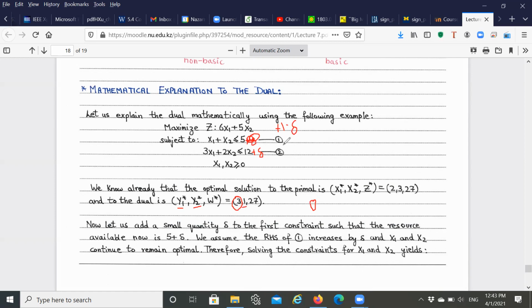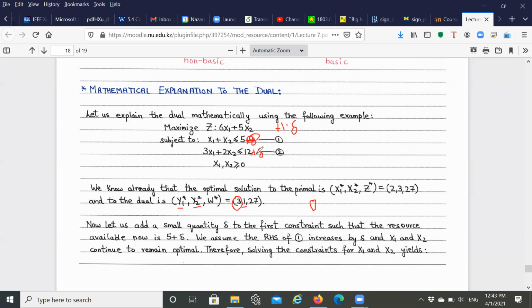Yes, so it will be plus delta. So if I increase the value of the first constraint, it relates to the solution of the first decision variable in the dual. If I add this delta to the second constraint in the primal, it relates to the solution of the second variable in the dual.